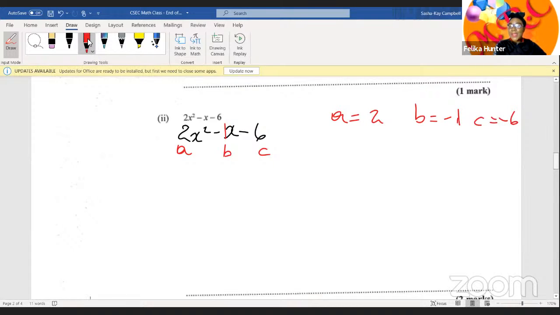So now we're going to go ahead and find AC. And AC is A times C. AC means A times C. And A times C, that is 2 times -6, -12. And our value B, which we have, is -1.